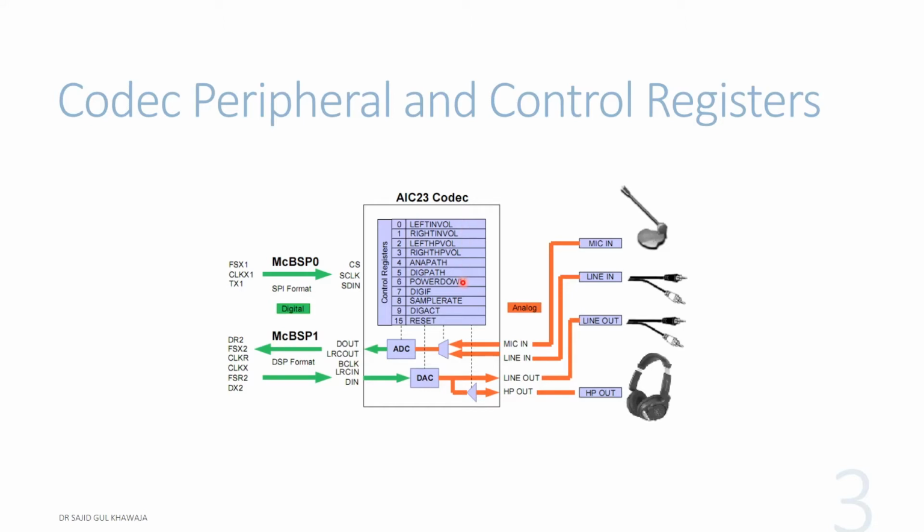For example, let's just talk about register number 8. Number 8 deals with sample rate. So if I need to change the sampling rate of my AIC23, I might need to toggle some of the bits of register number 8. Similarly, there are 9 other registers that will be dealing with different kinds of information that AIC23 can configure.